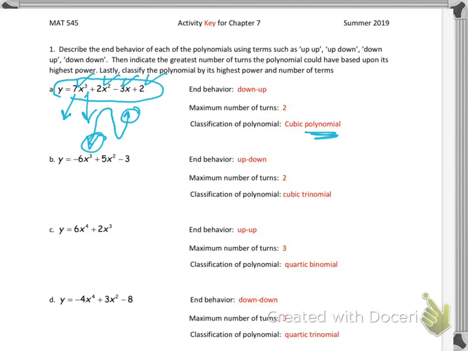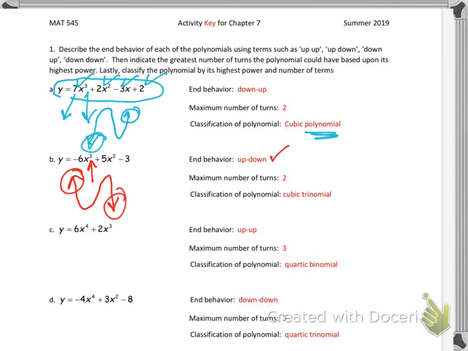Okay, the next one, let me change colors. The next problem, this is also a cubic. All right, so it's an odd power. Because it's negative, it starts this way and ends that way. So the behavior is up, down. So that's how I got up, down.